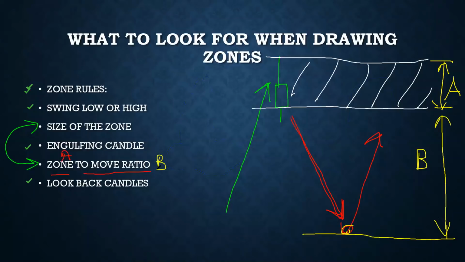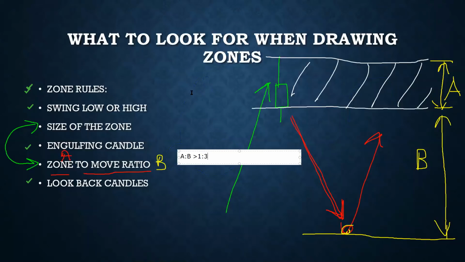So for me to look back at the zone and consider that it is valid, the ratio A to B should be at least greater than 1:3.